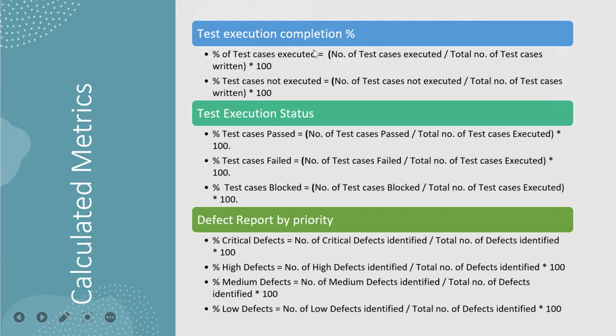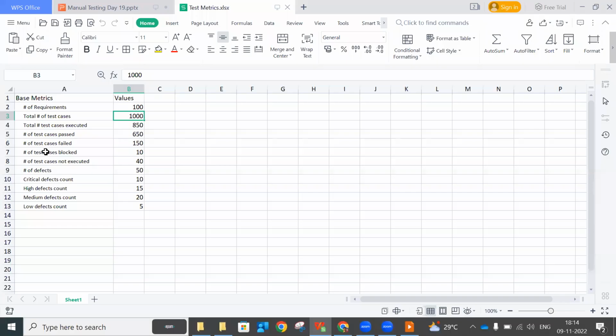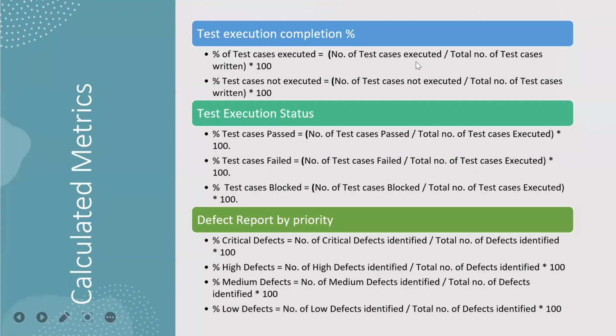Now we'll come to the test execution status report. In the status, we have to give how much percentage is passed, how much is failed, how much is blocked. How we calculate pass is the same calculation: total number of passed by total number of executed into 100, because we can't take the total number of test cases, we should take the total number of executed here.